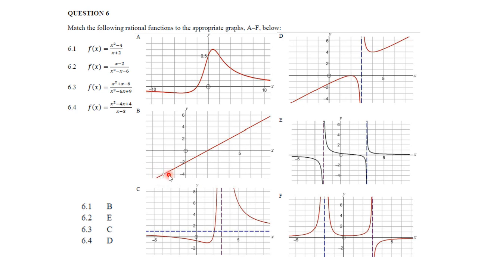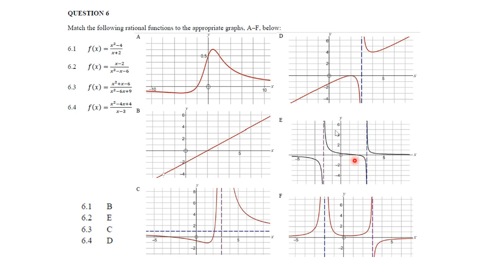So it actually is the graph y = x - 2, but with a hole at the point x equals -2. I hope you got that. The first one is B. If I look at the second one, if I factorize the denominator, I end up with (x - 3)(x + 2). So I know I've got asymptotes at x equals -2 and at x equals 3.